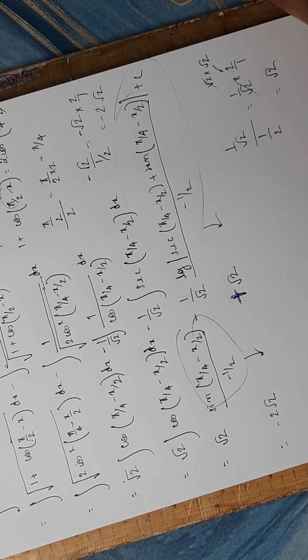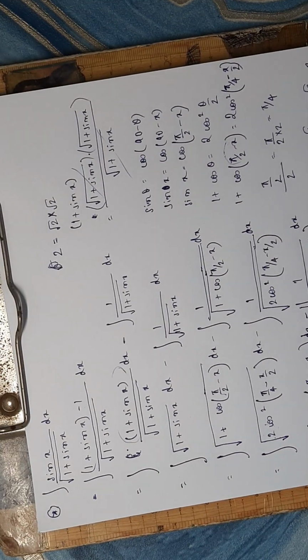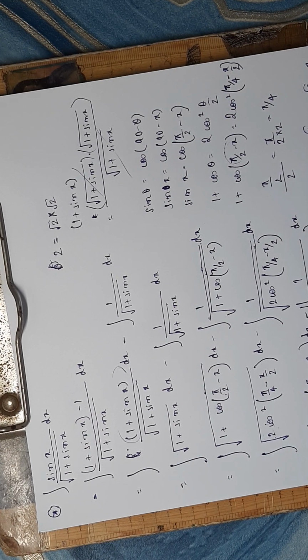This problem was not a very difficult problem or something that you can't solve. It's just a simple trick of adding and subtracting a number, which helps us solve the entire problem, and of course some basic application of trigonometric formulas, which is also very significant to solving this problem.